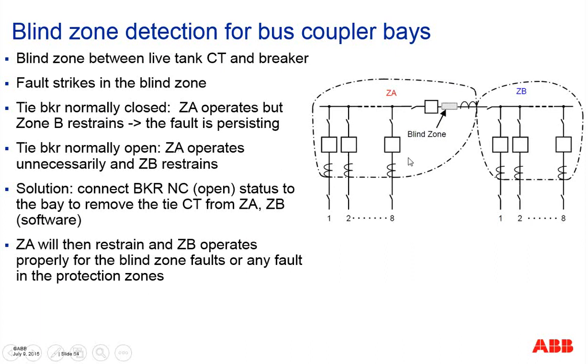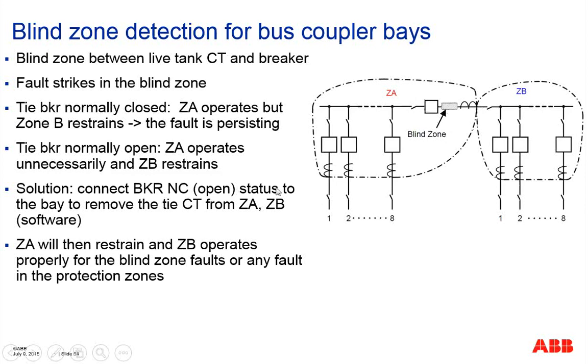At least in our ABB relay, you can connect your breaker status to your busbar protection function. When the breaker is open, we remove these 2 CTs from each of the zones. Let's use the breaker closed scenario. The fault hits, zone A operates, which is good, and zone B restrains.